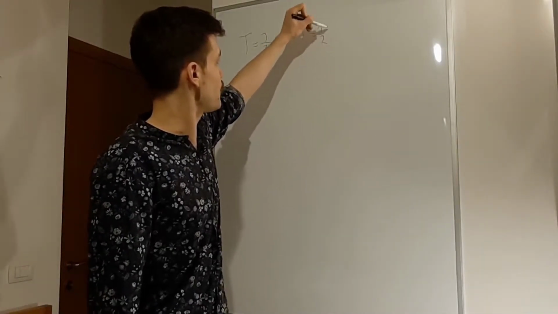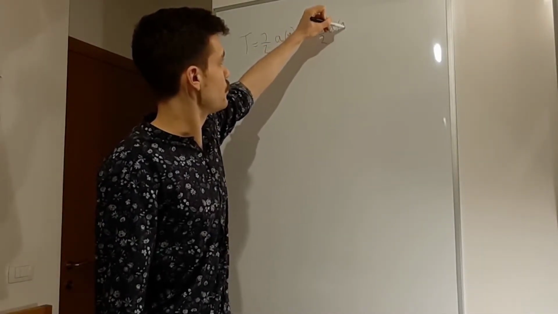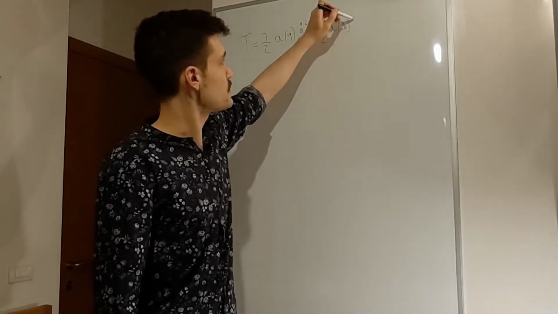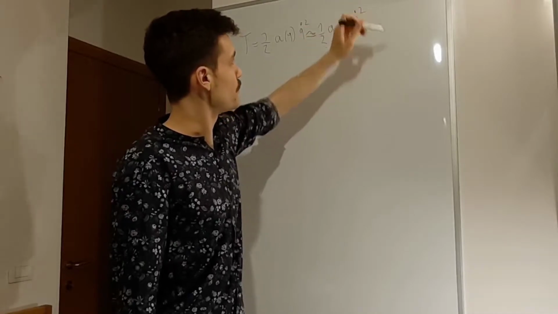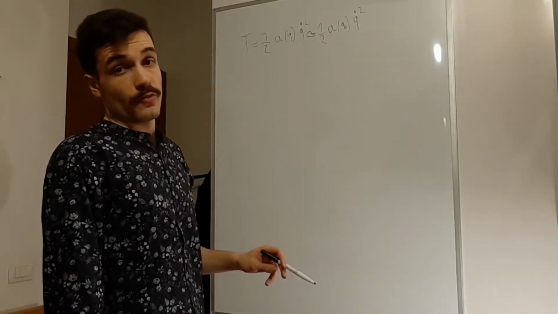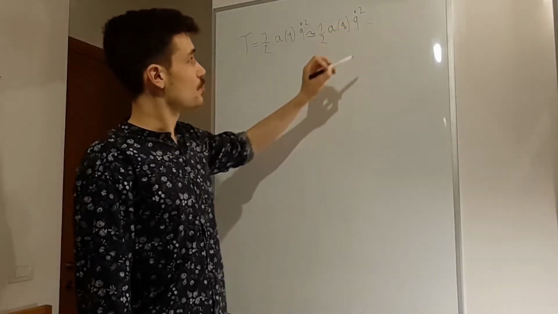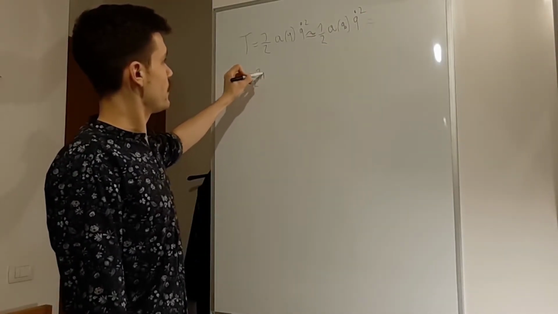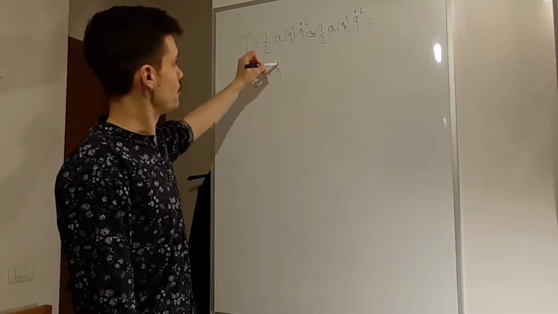So 1/2 a(q0), it will be almost equal because it's an approximation, q dot squared. To be faster, I will call it simply 1/2 m q dot squared.